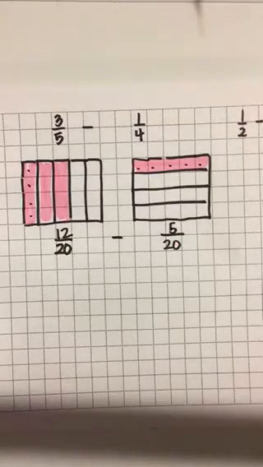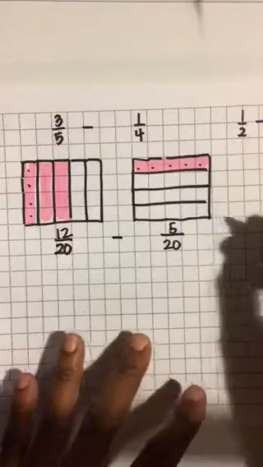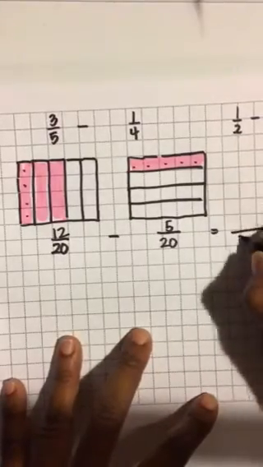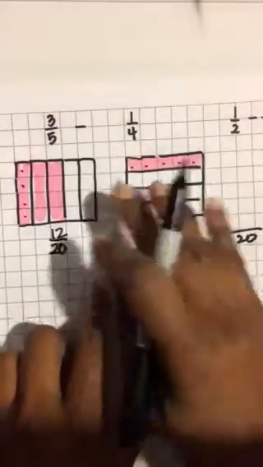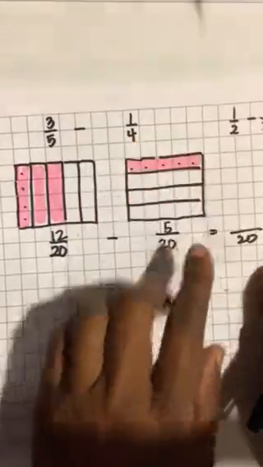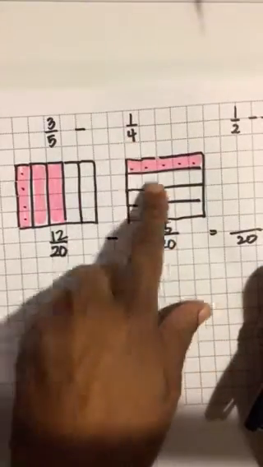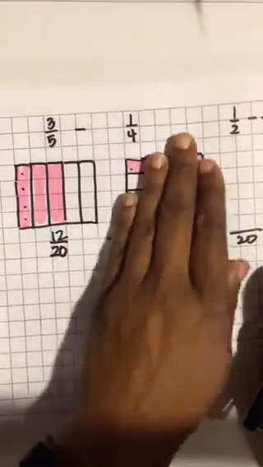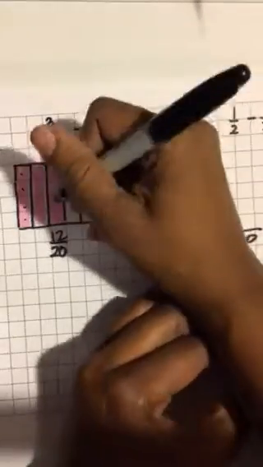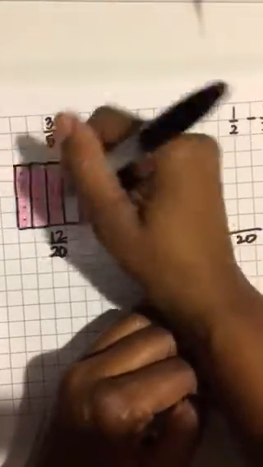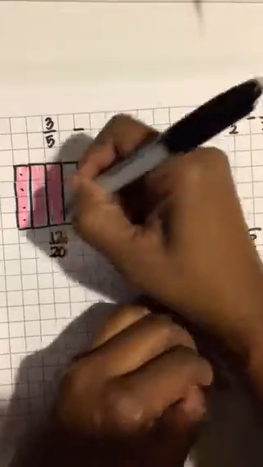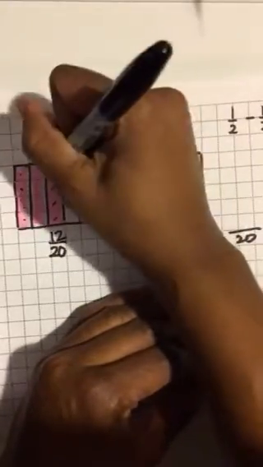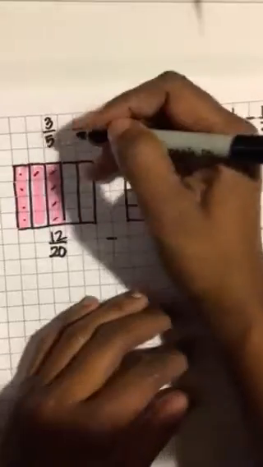If I knew that 12 minus 5 is 7, I could simply just record the 7 as the new numerator. But another way to do it is, this was just modeled so that we know the common denominator. What I can do is take 5/20 away from my minuend. 1/20, 2/20, 3/20, 4/20, 5/20.